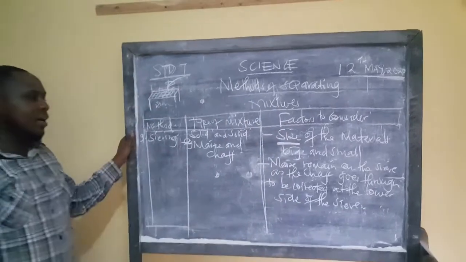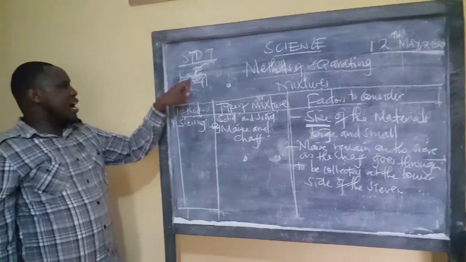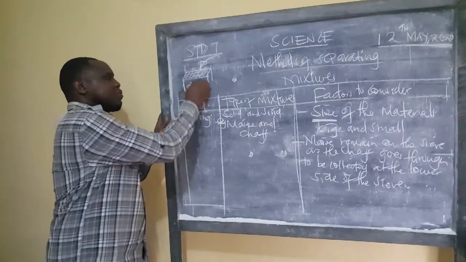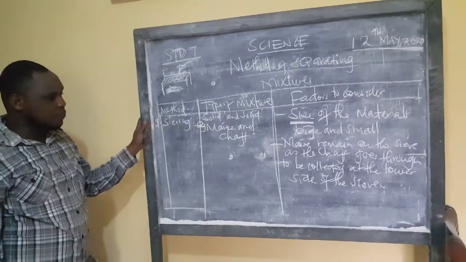So that is it, learner. When you place maize there, the maize will remain here, then chaff will be collected at this point. You have separated the chaff and the maize.